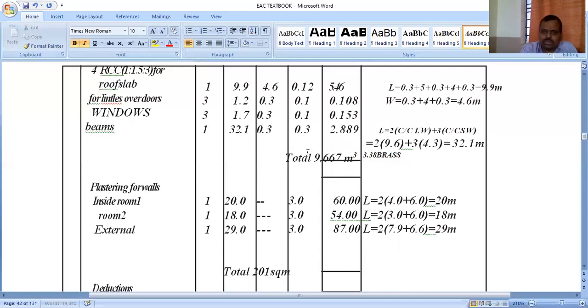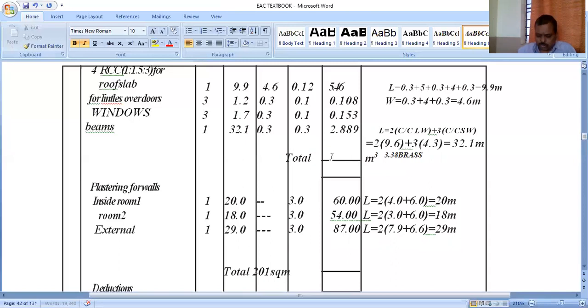Okay, now we have to find out the total quantity of RCC. How much will it be? You have to just add all these things. After addition, it is possible for us to find out the total quantity of RCC work for our building.